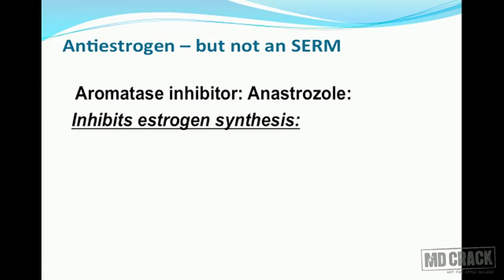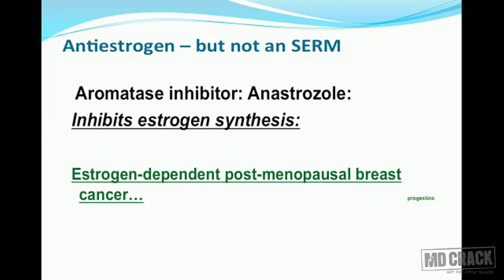It doesn't block the estrogen receptors, but it inhibits the synthesis of estrogen. And again, this drug, anastrozole, is useful in estrogen-dependent postmenopausal breast cancer. So this was about the selective estrogen receptor modulators and one drug which inhibits the estrogen synthesis. So this is a brief overview of estrogens.